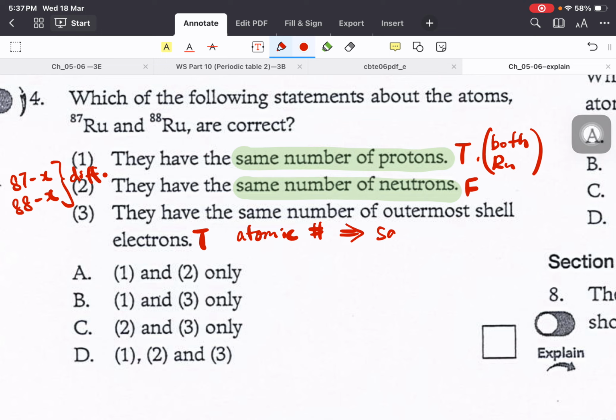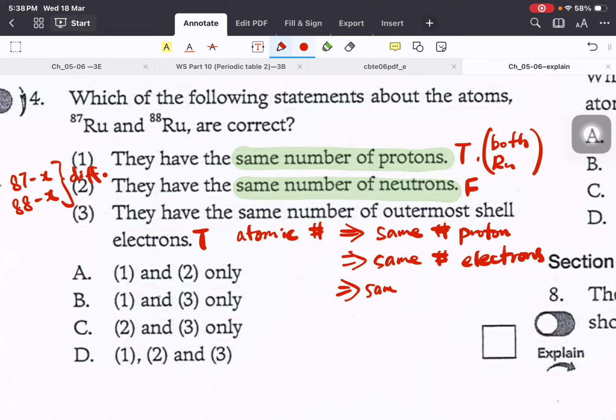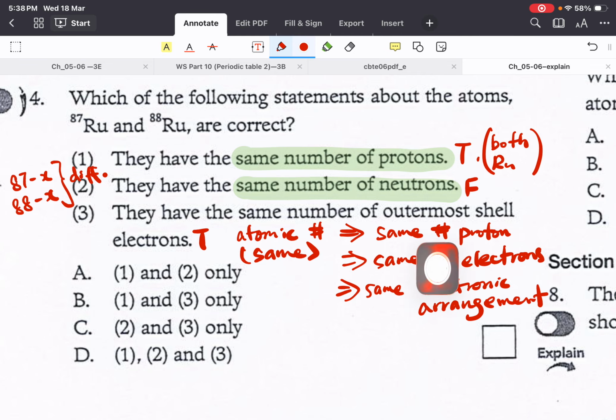That means they have the same number of protons, and so they have the same number of electrons. So same electronic arrangement. Okay, because they have the same atomic number. So this one is true as well. So 1 and 3. Therefore the answer should be B.